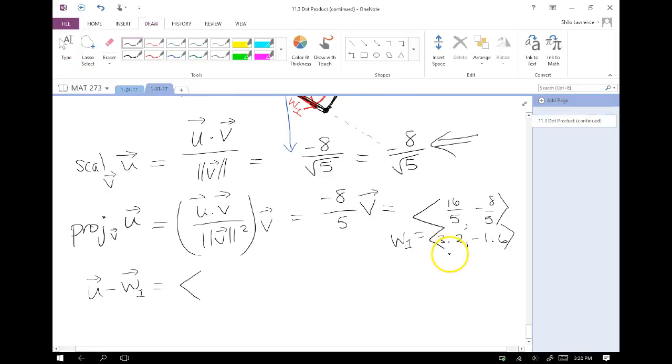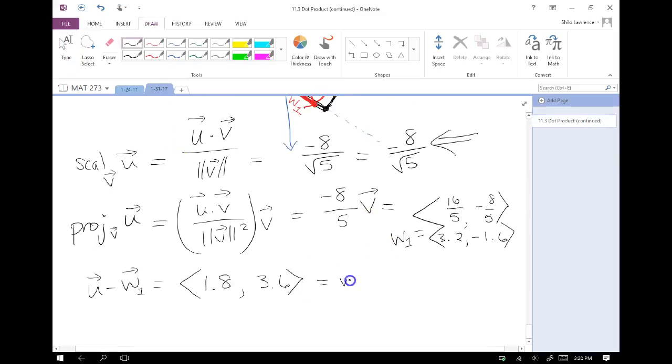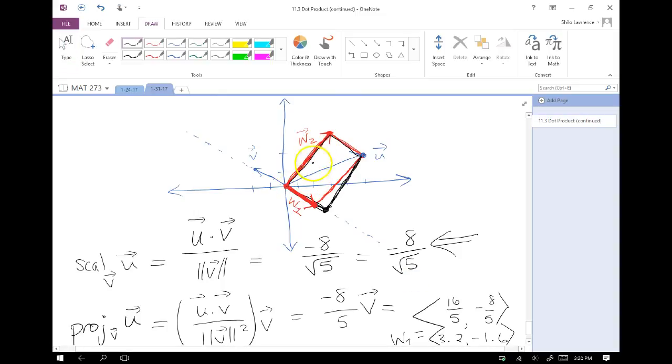So 5 minus 3.2 is 1.8. 2 minus negative 1.6 is going to be 3.6. So my w sub 2 should go to about 1.8, 3.6. So 1.8 would be about here. So it's pretty close. Not wonderful, but pretty close.